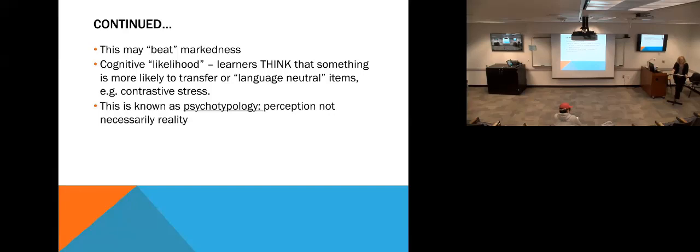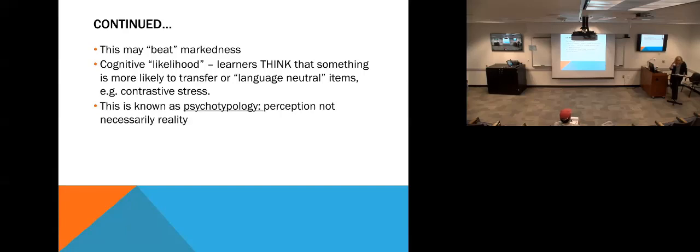Can anyone think of what that one is? A rare consonant, an extremely marked consonant that learners have a lot of trouble with. Good, the theta. Yeah. This is an extremely marked sound in the world's languages, right? There are not that many, and it's partly because you have to move your tongue over your teeth and everything else.